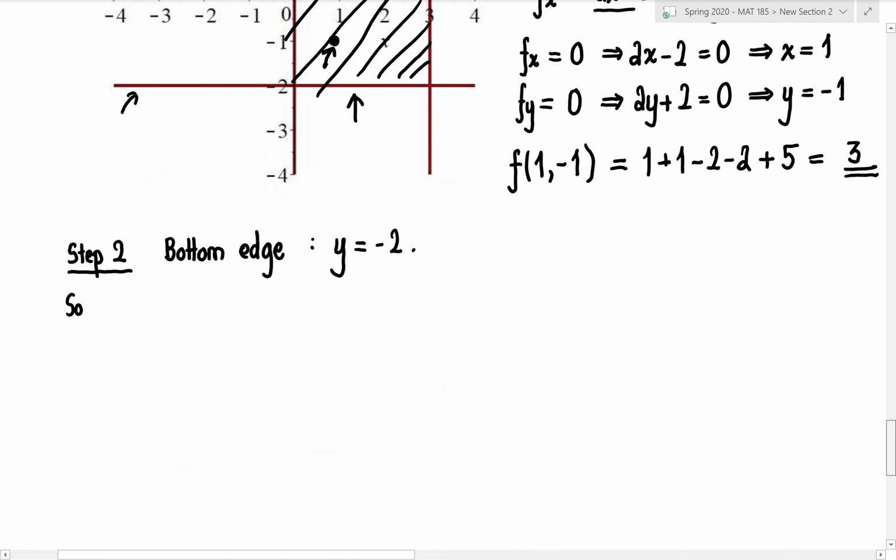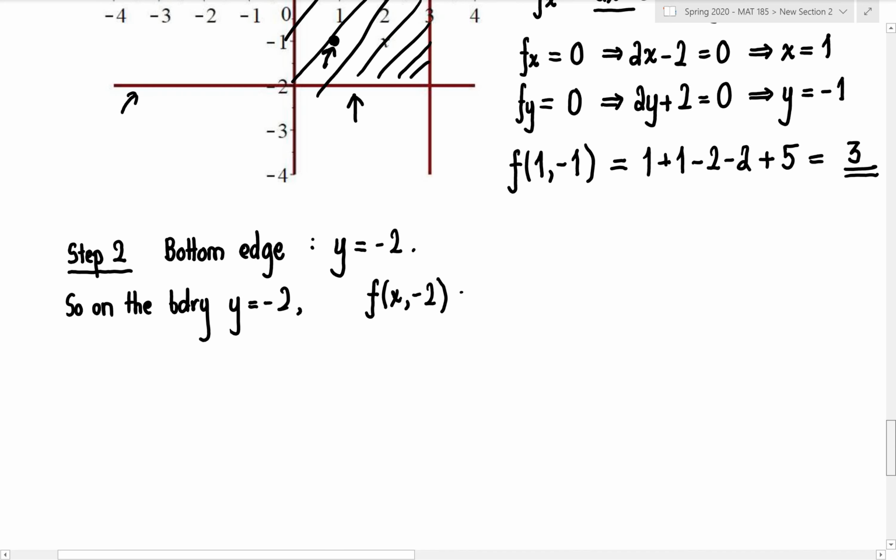So on the boundary, y equals -2, our function becomes f of x, and y becomes -2.